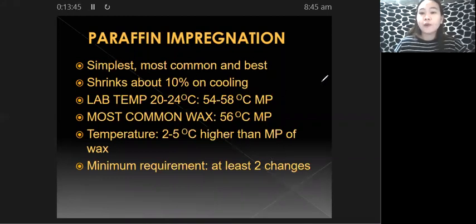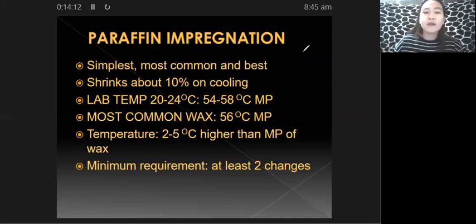Paraffin wax is considered to be the best medium for routine processing. It is otherwise known as the simplest and the most commonly used medium for impregnation and embedding.